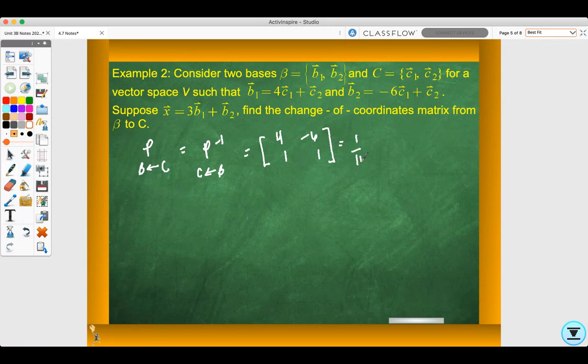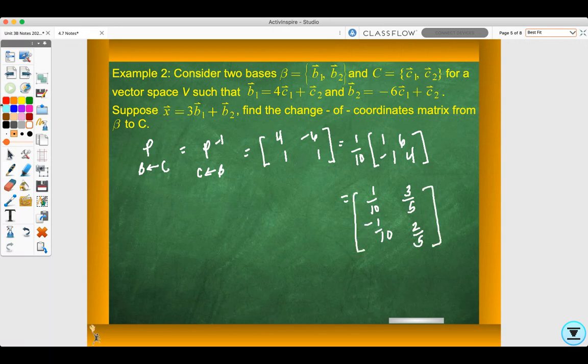So the inverse would be 1/10 times 1, negative 1, 6, 4, because we switch these and take the negative of the other diagonal. And my answer would be 1/10, negative 1/10, 3/5, 2/5. And that's all using the previous theorem.